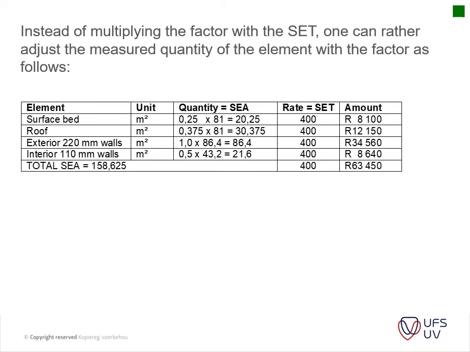So we've got our areas that we've worked out in our first example, and we've got our factors. So what we just do is, instead of multiplying the factors with our rates, we multiply with our areas, and thus we get a total area of 158 square meters if we add the 20.25, the 30.37, the 80.4 and the 21.6.